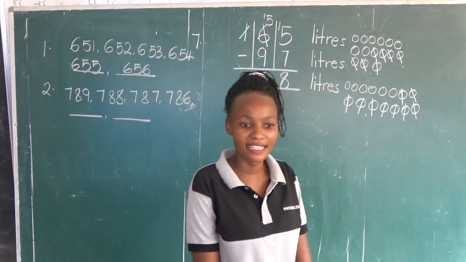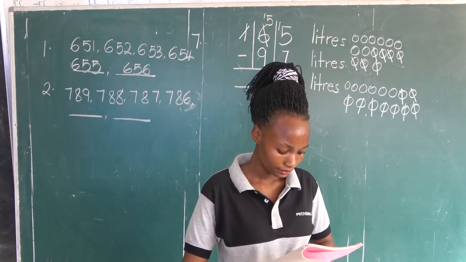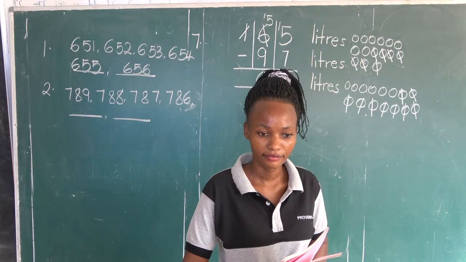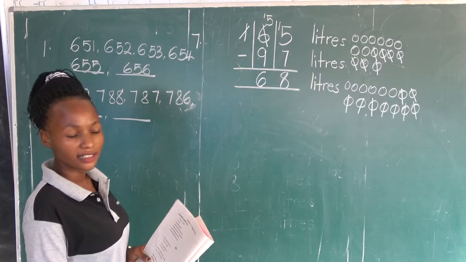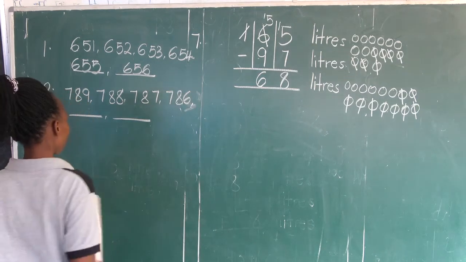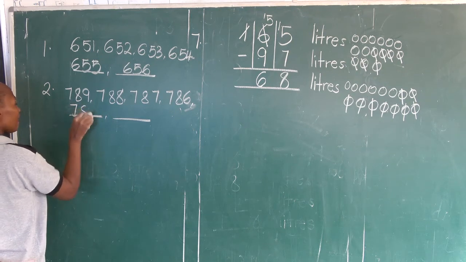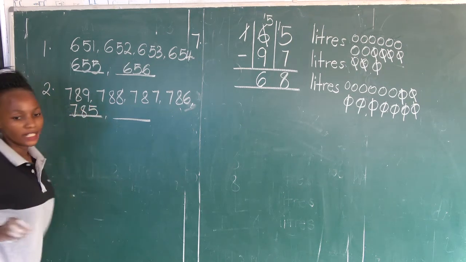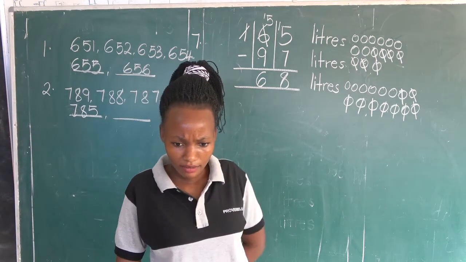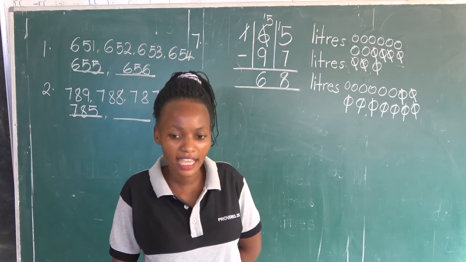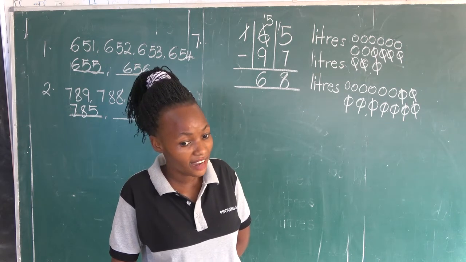Which number comes next? Yes, Aman? Unmute yourself first. 785. 785, thank you. Now can you tell me the next number? Let me see. Kiara?